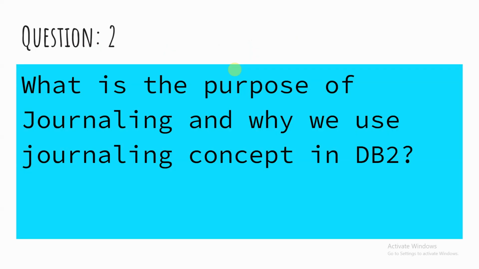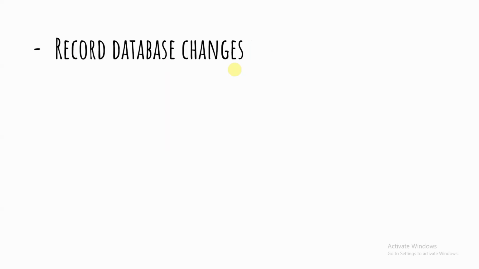Now the second question is, what is the purpose of journaling and why do we use the journaling concept in DB2? So what is journaling? Whenever we perform any operation on a database file, for example we change a record, insert a record, or delete a record, we are changing the database.